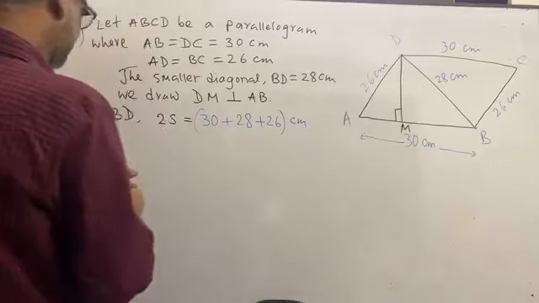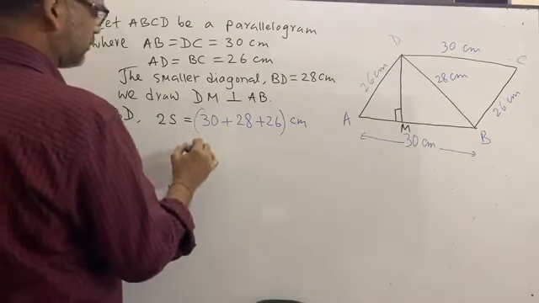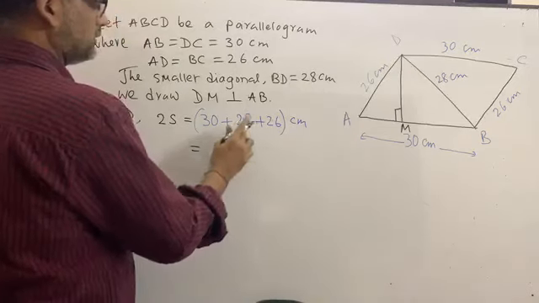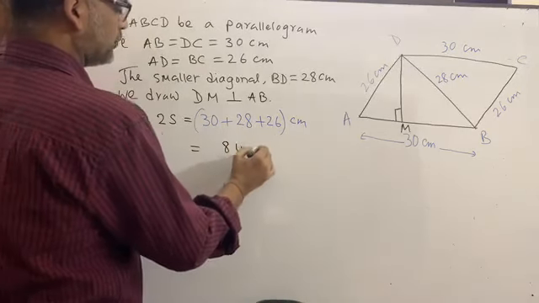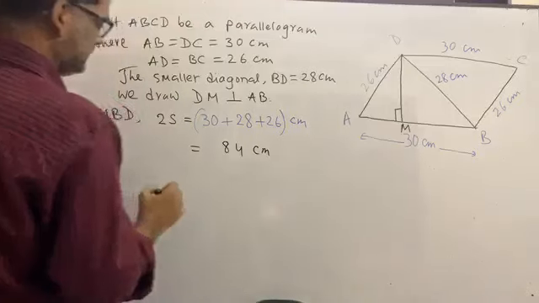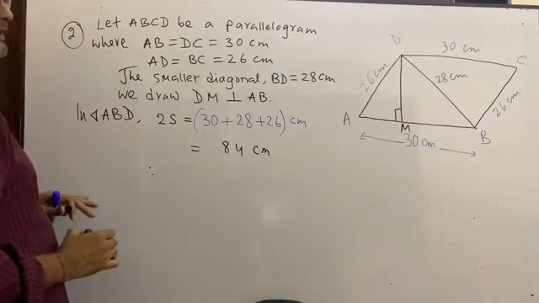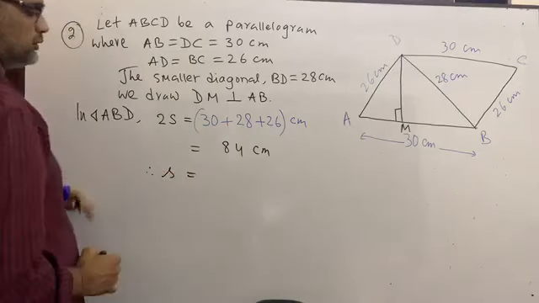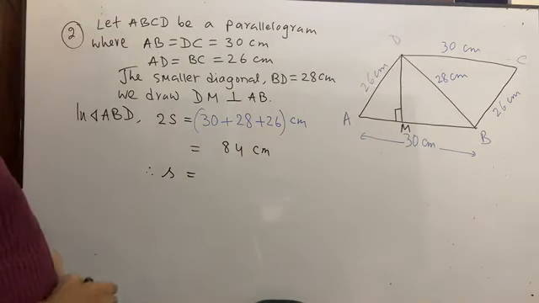Equals to what? You calculate, it is equal to 84 centimeter. Therefore, semi-perimeter S is equal to, S means semi-perimeter.